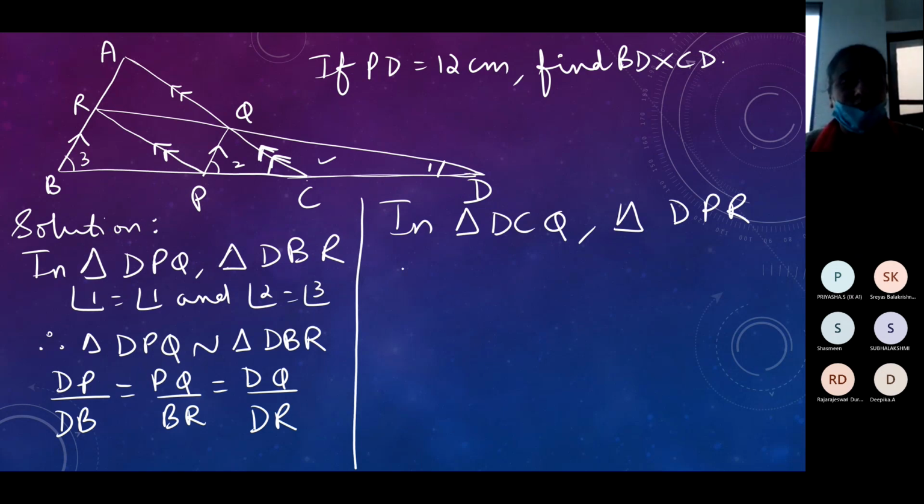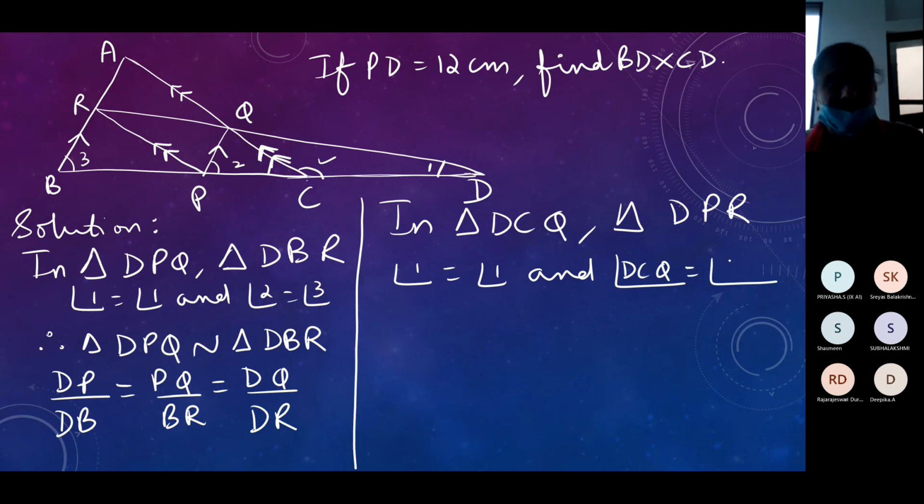Okay. Now, again, how are they similar? In DCQ, angle 1 is there, no? It is equal to DPR, also angle 1. In DCQ you have this one, and in DPR, this full thing. Let me write angle DCQ is equal to angle DPR, correct?